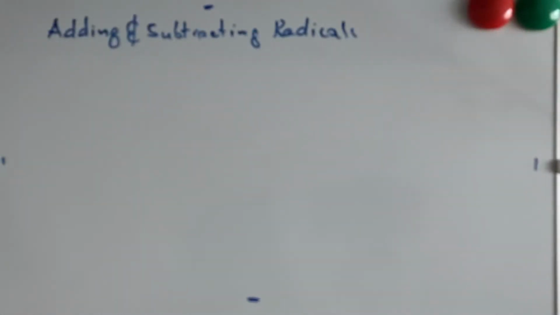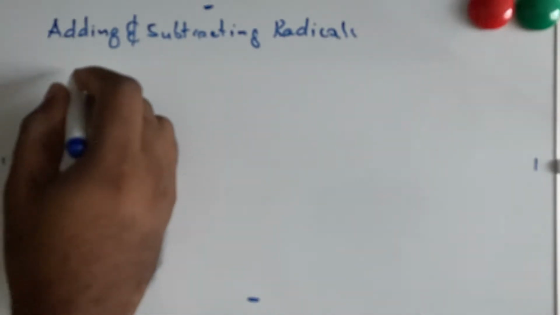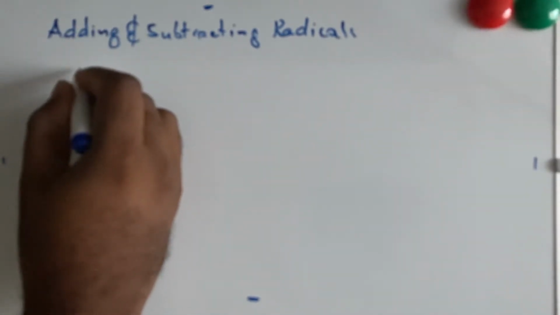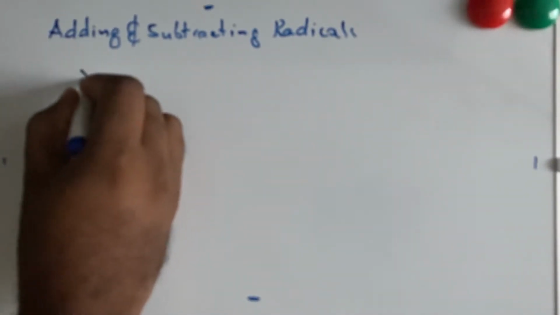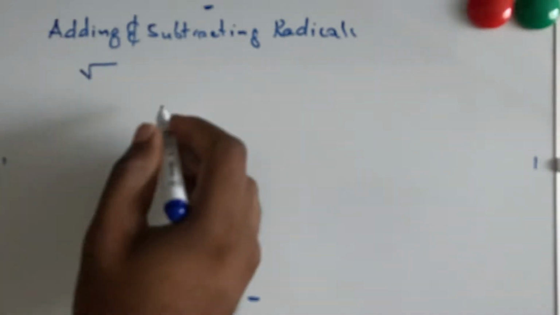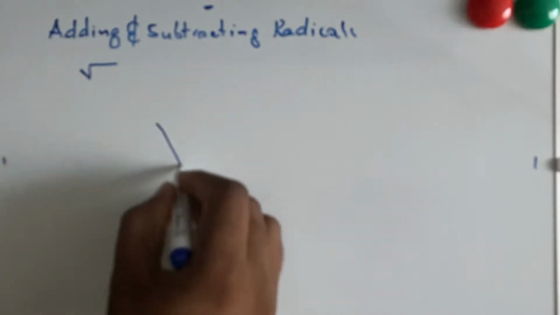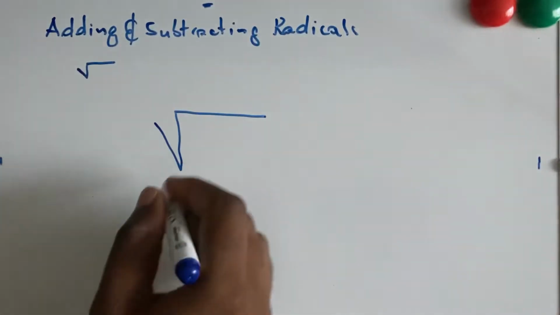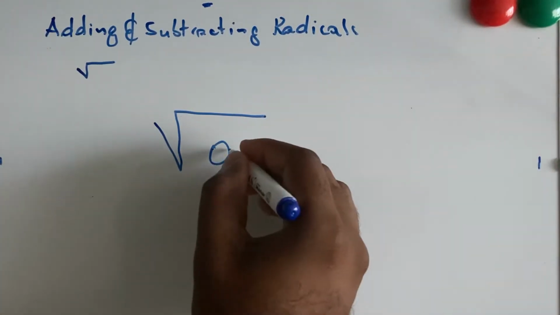Hi everyone, this video is to show you how to add and subtract radicals. Anytime we talk about radicals, what you have to keep in mind is that we're talking about expressions in which we have this symbol, like this one right here, in which you'll have a radicand.